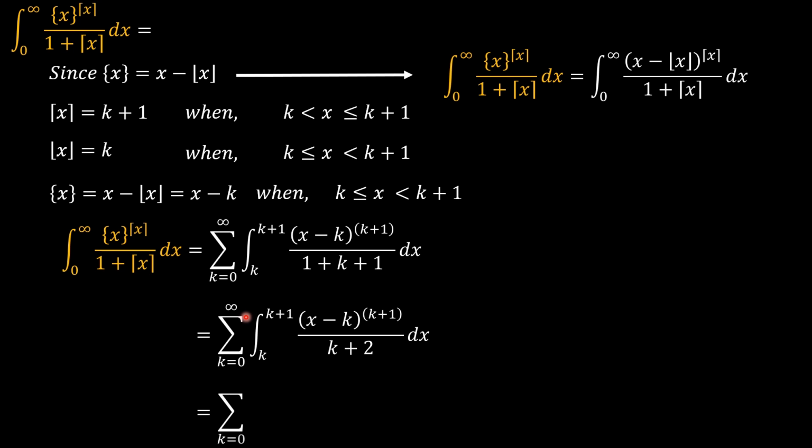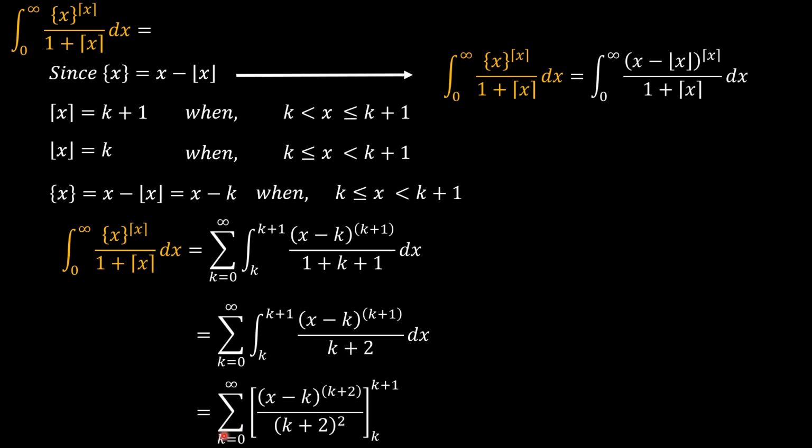What is notable here is that the integral becomes x minus k to the power k plus 2 over k plus 2 squared, and now we have to apply the limits appropriately.